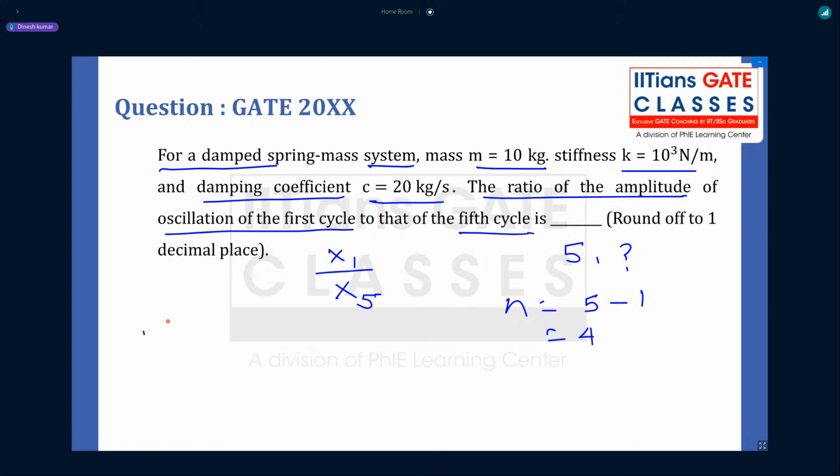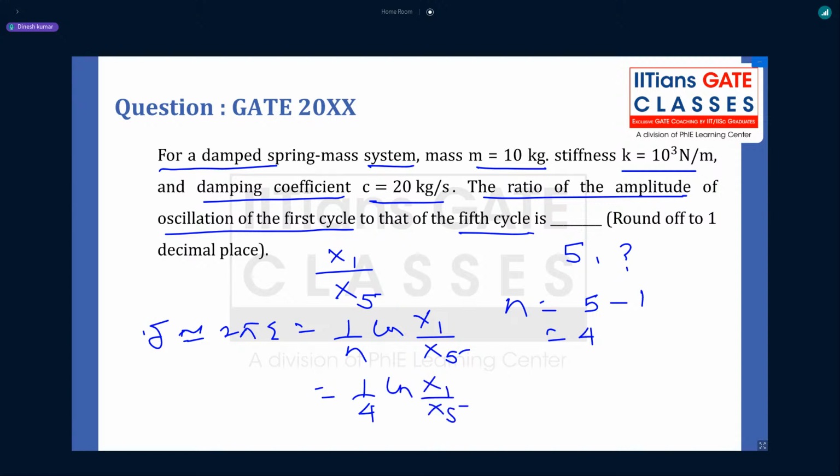So what is the delta? It is approximately 2 pi zeta, and this is nothing but 1 by n ln of the first amplitude to the nth amplitude, right? Now guys, what is n here? It is 4, so 1 by 4 ln of x1 by x5.